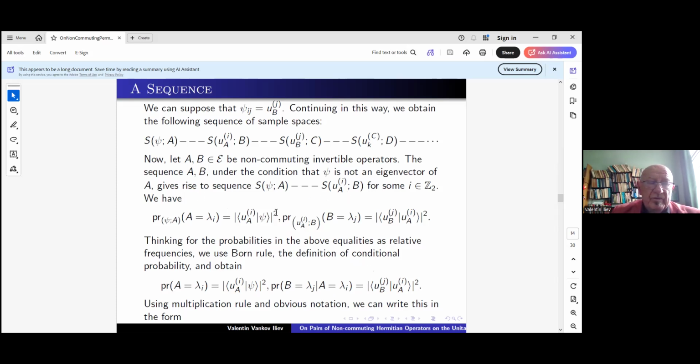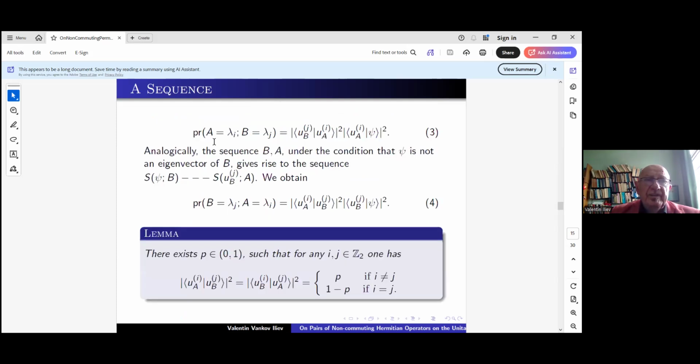So using the corresponding multiplication rule and the obvious notation, we can write down this formula for the probability that first the measurement A is taken and it gives result lambda I, then the measurement B is taken and it gives result lambda J. And this is the corresponding expression.